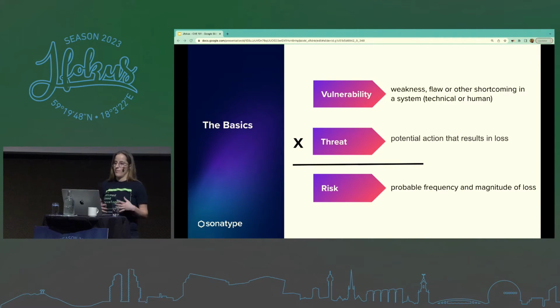As someone who doesn't control the entire world, I can't control if somebody attempts to do harm to me or any of my systems. So threat is something that is not a variable within my control. Vulnerability, on the other hand, maybe I can think about, okay, I can sort of try to have some idea of what this could entail to try to mitigate the risk as much as possible.